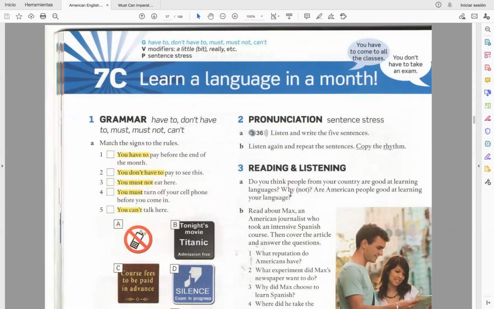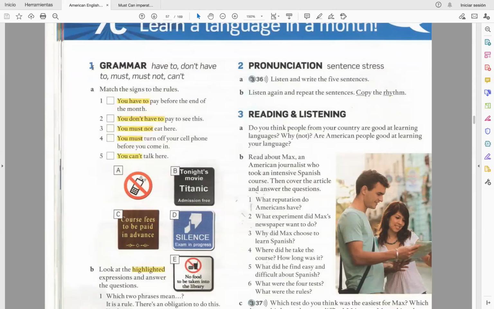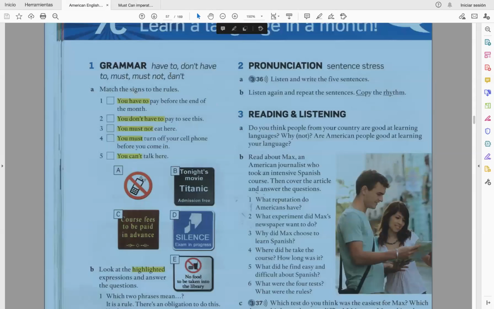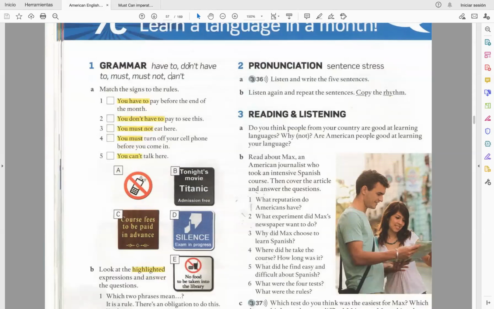In the grammar section, we have: have to, obligation; don't have to, not necessary; must, obligation; mustn't, prohibition; and can't, prohibition.